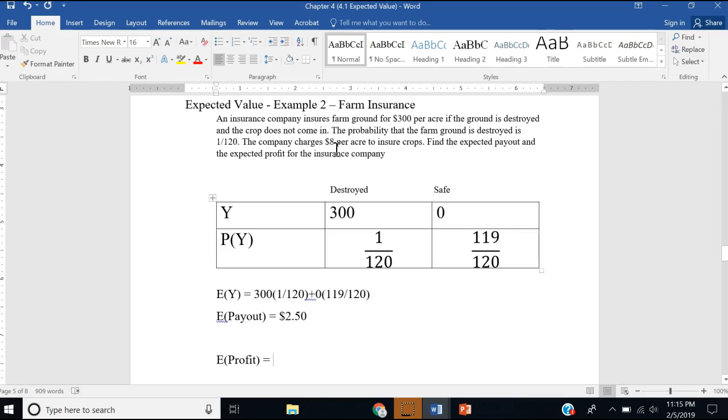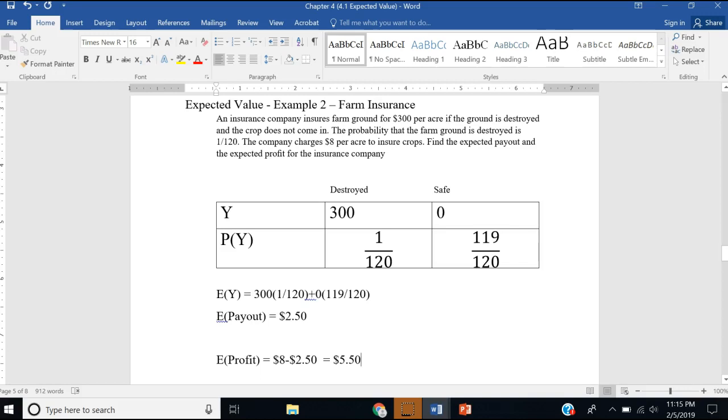Well, they're guaranteed to get $8. So the expected profit is just the difference. They're going to get $8, but on average, they spend $2.50. So their expected profit is the difference between those, which is $5.50. So the insurance company is going to profit on average $5.50 per acre that they insure like this.